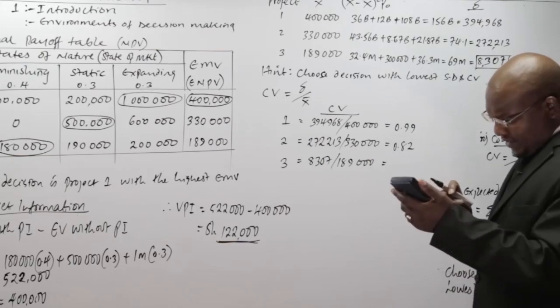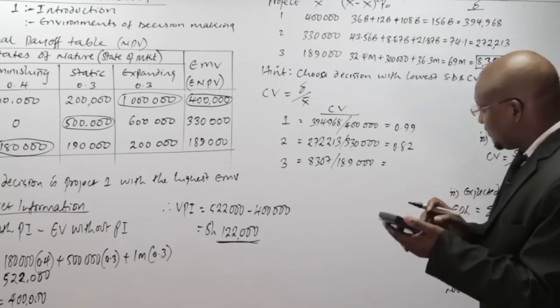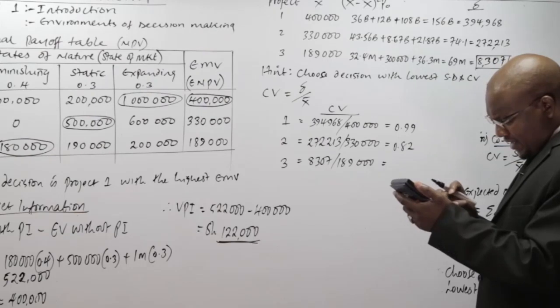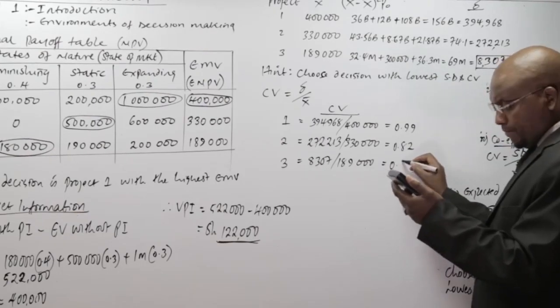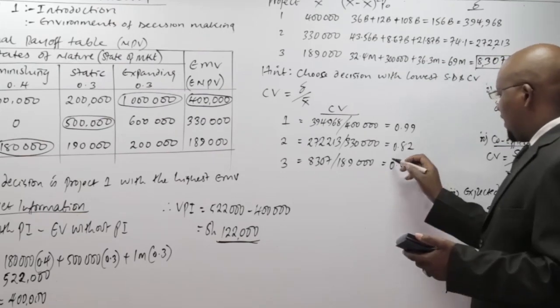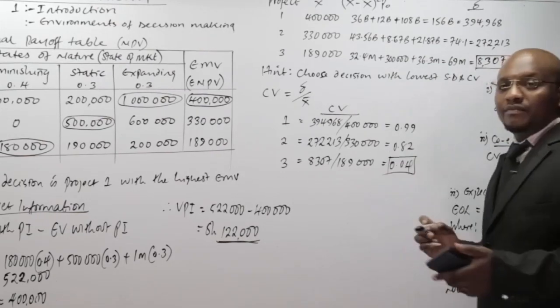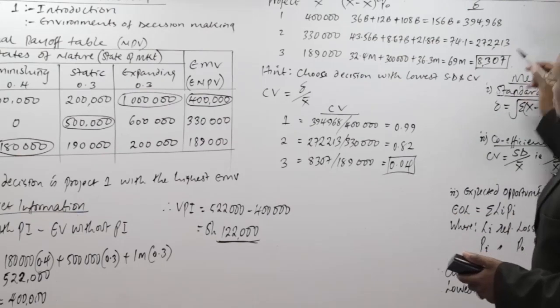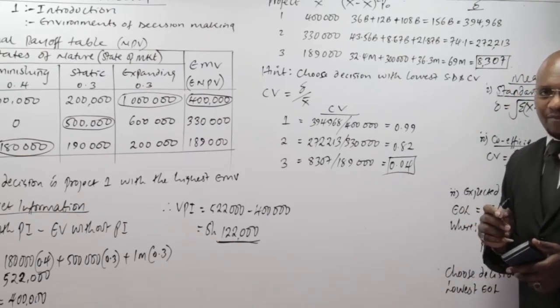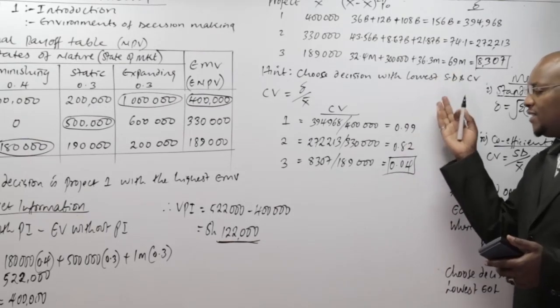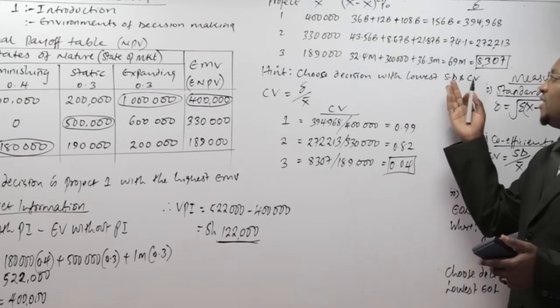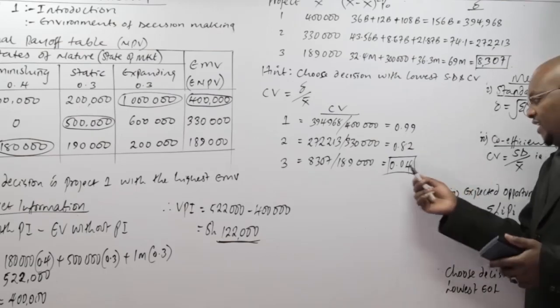Then this is 8307 divided by 189,000. This will give us 0.04. So again, this is the best. So both the standard deviation and the CV approaches are actually matching, and they're telling us that the project with the lowest SD and CV, which is risk, is project 3.